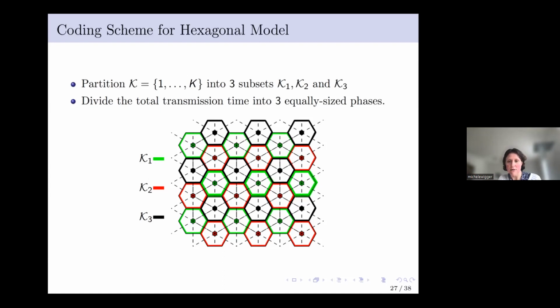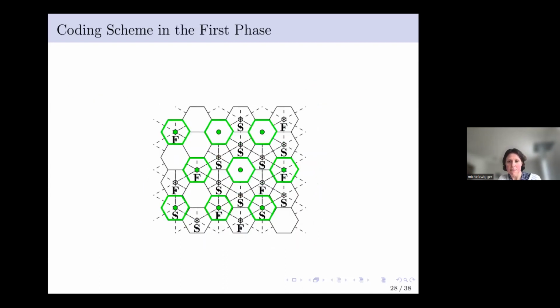In the second, only the red, and in the third, only the black. So in the first phase, where only the green can send fast, we see that we only have 4 that can send fast. 3 of them here don't send anything, and these 2 send slow. But that's fine, because you can just treat the slow as the fast, since they have less stringent requirements.